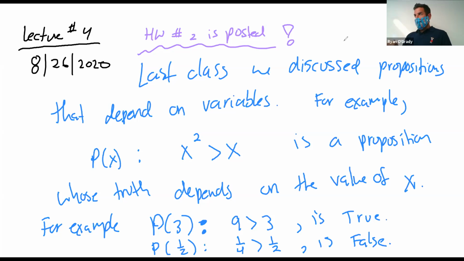Or if this is true, then this task must come next. Or if this is false, then you do this. So in many ways, when I ask when is x squared greater than x, or is it true, is it false, you can imagine scenarios where the same idea is used in another context, okay?